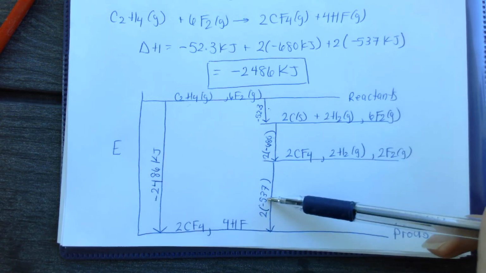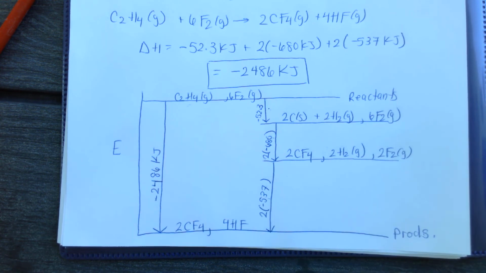These individual steps sum up to give us the overall change in enthalpy of the reaction. Okay, so that's how Hess's law works. If you can't measure it directly, if you can measure the steps of the reaction, then you can combine them together to get the total enthalpy.